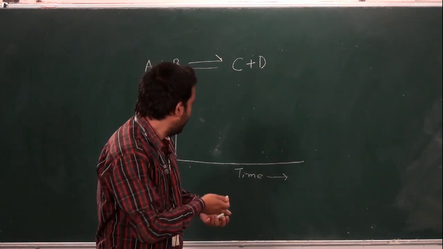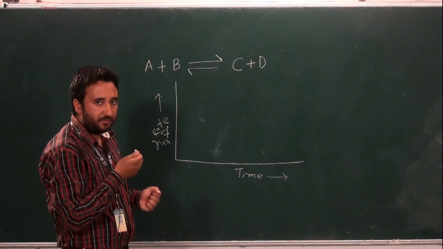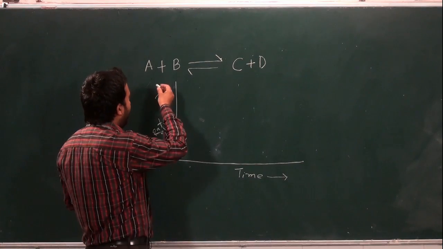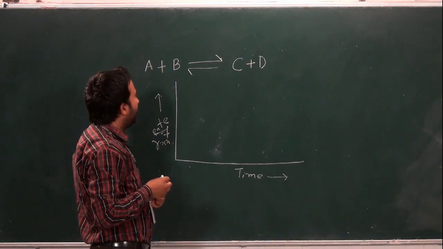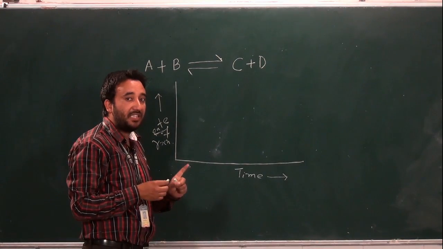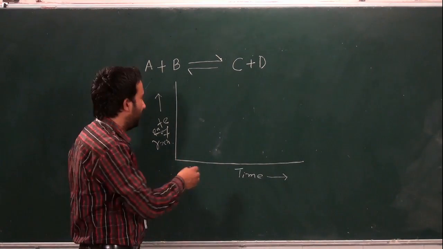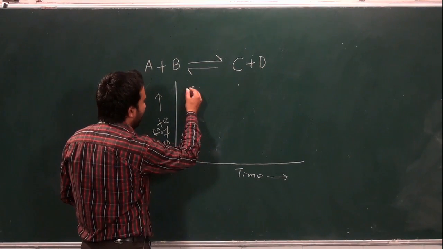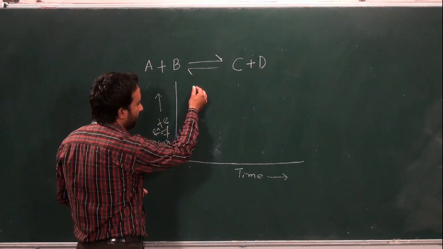In the case of a reversible reaction, initially in the beginning of the reaction, we will have the maximum concentration of A and B. So at that time the rate of reaction will be maximum. So I should start from this point. This indicates that the rate of the reaction is maximum.